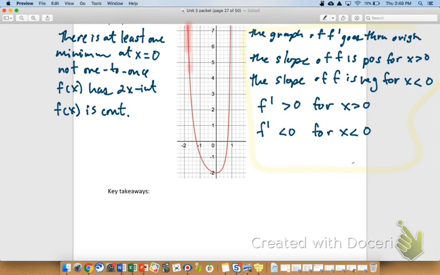I'm going to highlight a part of our graph here. So go a little bit with what Kendall just said. On this red highlighted part, how would you describe the graph of f? Decreasing, yeah. So I'd say f is decreasing for negative x values.